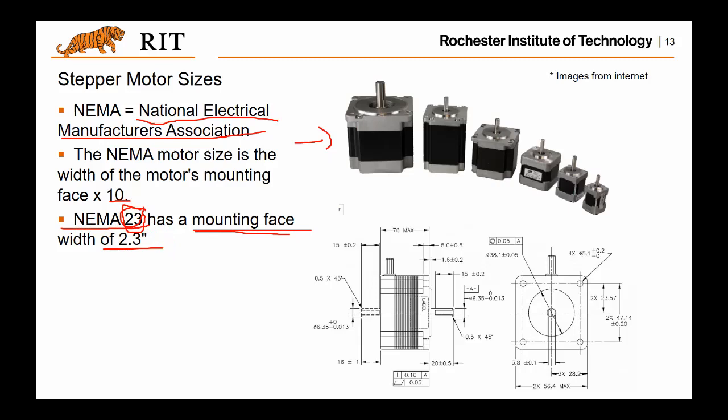So now you know that you want at least this big a mounting face for your motor, otherwise you cannot use it, as there's not enough room for such a motor. So basically, it gives you the information on the size of the motor, right?